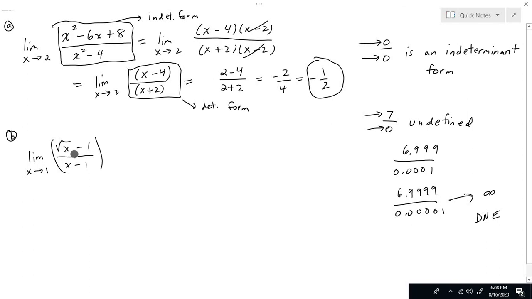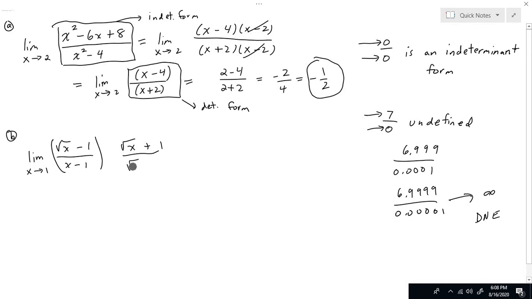We're going to multiply this top piece by its conjugate. The conjugate would be square root of x plus 1. The idea behind the conjugate is the same thing, but changing the sign in front of one of the two terms. I'm going to change the sign in front of the 1 and make it a plus 1. So this is called the conjugate.